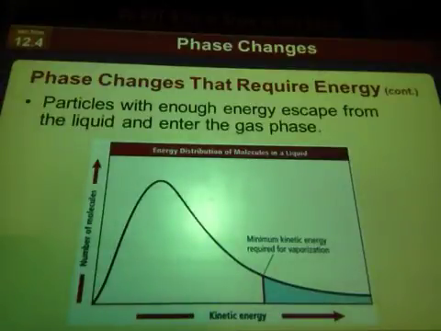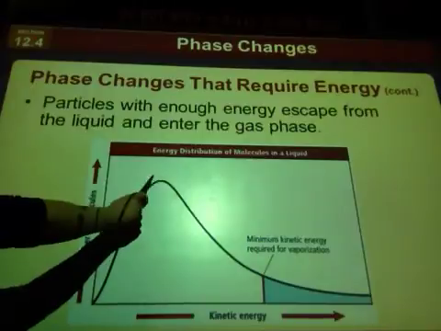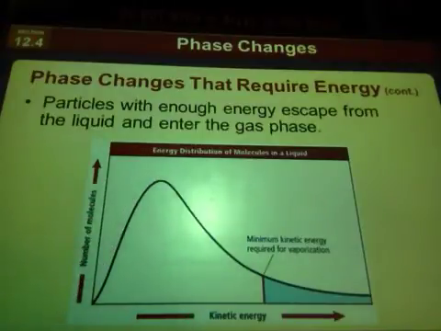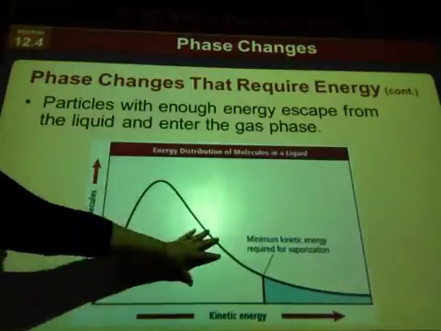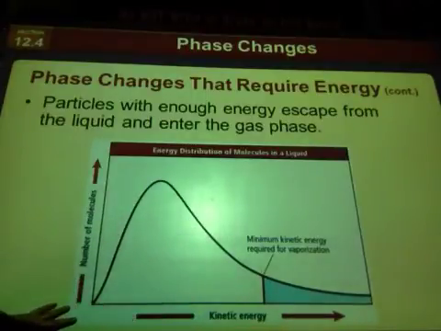This graph is showing a typical distribution of kinetic energy of molecules in a liquid, specifically at 25 degrees Celsius. So the most probable amount of kinetic energy for a molecule is going to lie at the peak here. So typically, when I look at this, I can see that I have a lot of molecules here in my liquid sample.